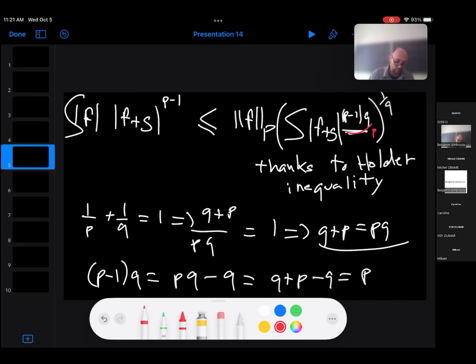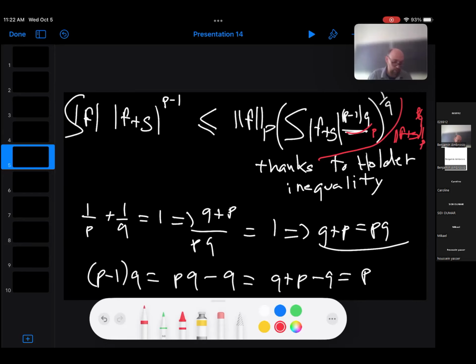And so this whole integral, I can write it as the norm of f plus g in p to the p divided by q. Do you agree with that? So I will write that.